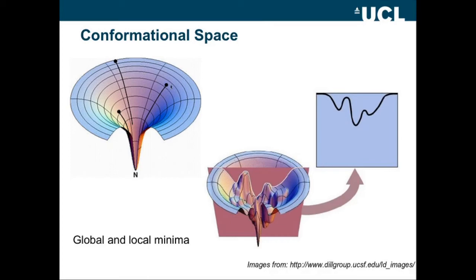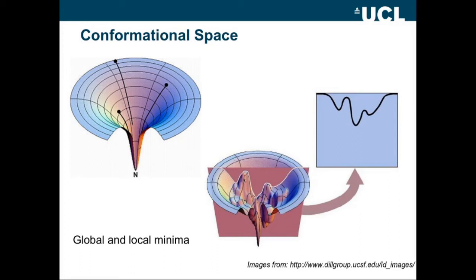In reality, of course, we have far more than the two conformational degrees of freedom. We've already talked about that with the number of rotatable bonds and so on. So in reality, this would be an n-dimensional space that we're looking at. The problem, of course, is that in reality it's not a nice smooth surface like this.